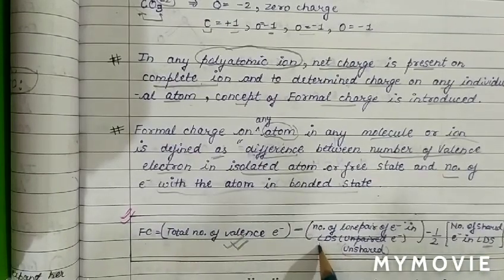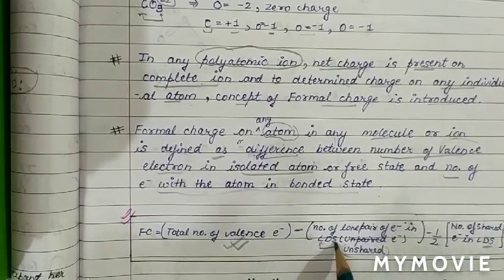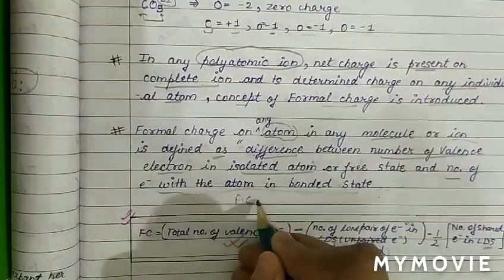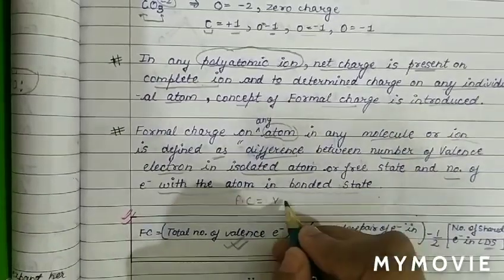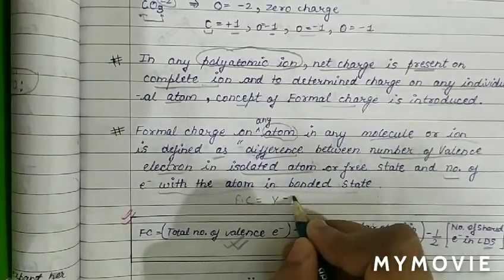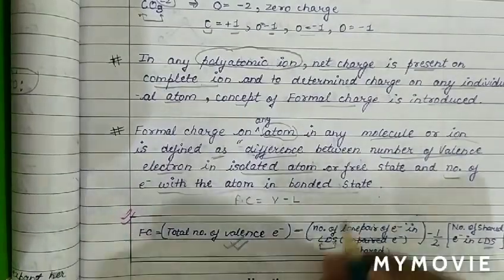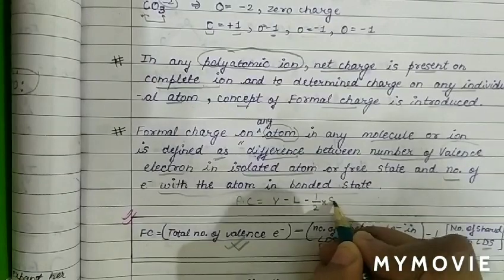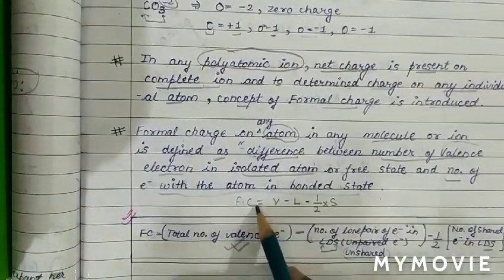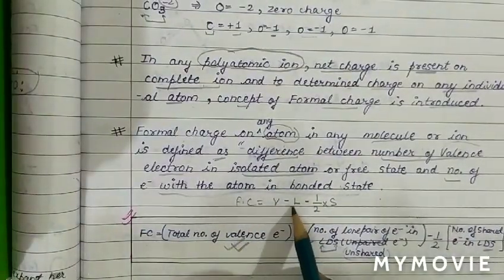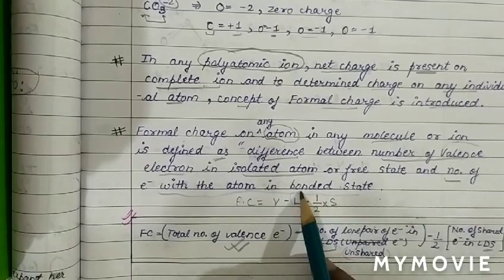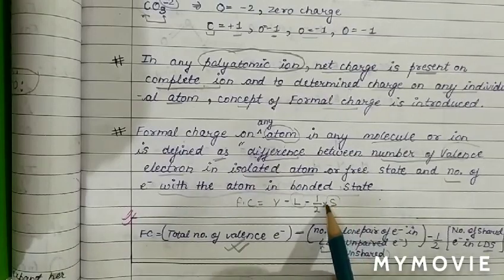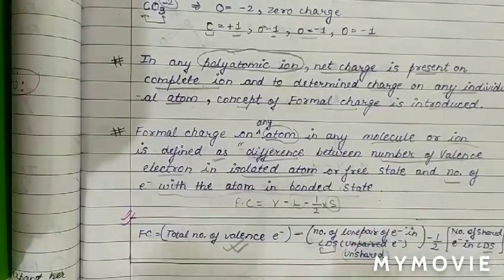So the calculation is based on the Lewis dot structure, LDS meaning Lewis dot structure. So formal charge is valence electrons minus lone pair of electrons in the Lewis dot structure and minus half of shared electrons in the Lewis dot structure.